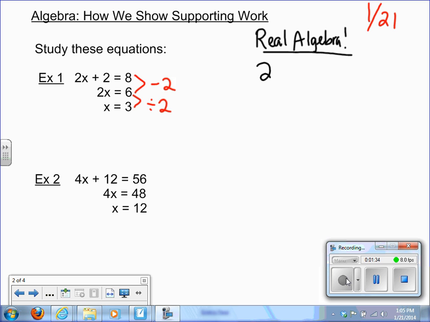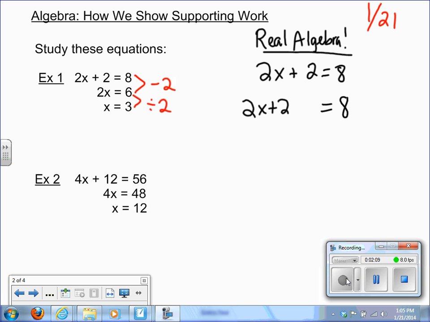Okay, so we're going to recopy the problem. 2x plus 2 equals 8. Underneath there, please put an equal sign straight underneath. Okay, and then watch what I do here. We're going to actually recopy this again, but we're going to leave some space. 2x plus 2, leaving some space, and then equals 8.